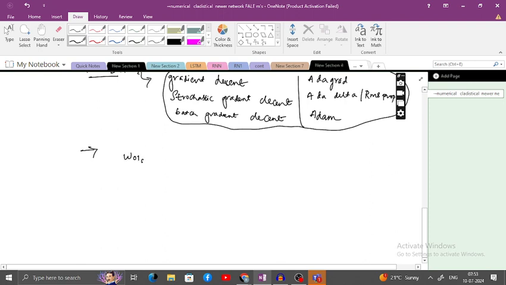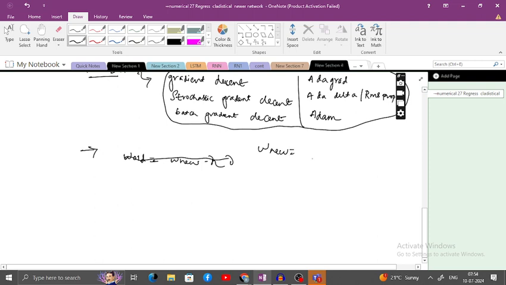Same as in linear regression. How are we going to update the weights? W new equals W old minus eta, a constant, into the derivative of the loss function with respect to the weight. So W new means the new weight, and I have to update the weights.